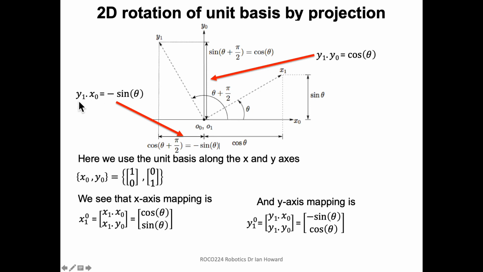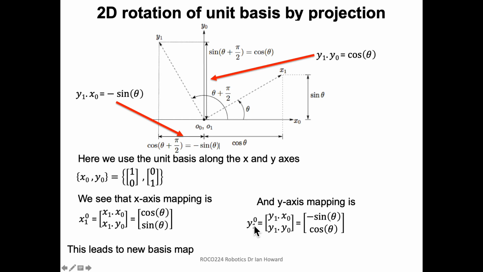First of all, y1 projected onto x0 gives us a minus sine now because it's basically going the other way. And y1 projected onto y0 gives us cos theta. So we end up with the y-axis mapping as follows. This would then be multiplied by a data point in order to get the y1 value.